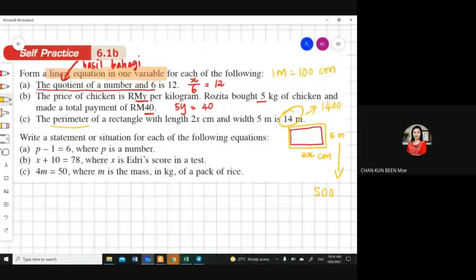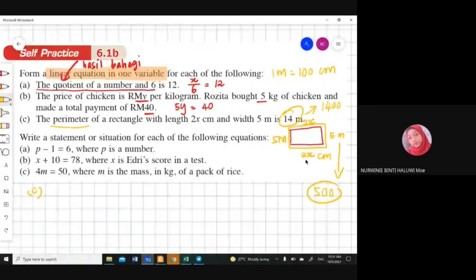Okay. Now, can you form up the linear equation already? For C, can, right? How many x do we have? If this is 2x, the opposite side also 2x. This is 5 meter, the opposite side is also 5 meter. So, 5 meter is 500 centimeter, remember? How to get the perimeter first? Add up everything, right? So, 2x plus 2x, how many x? 4x.